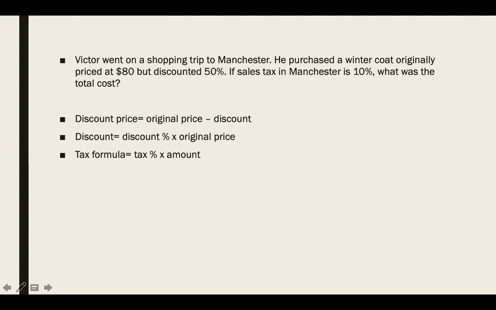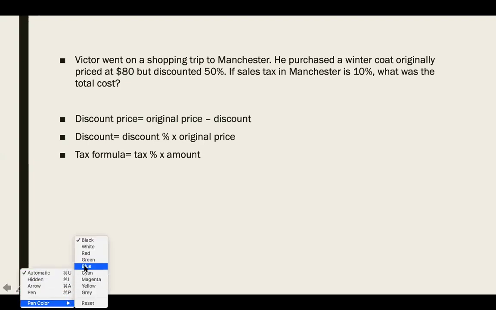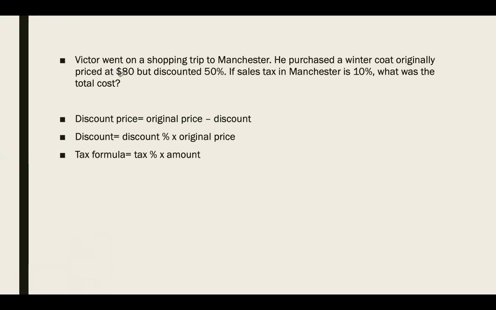The original price of the item, get the pen out, let's do blue this time. So the original price was $80, but the discounted price was 50% off. So essentially this is saying 50% off of $80 and then a sales tax of 10%.